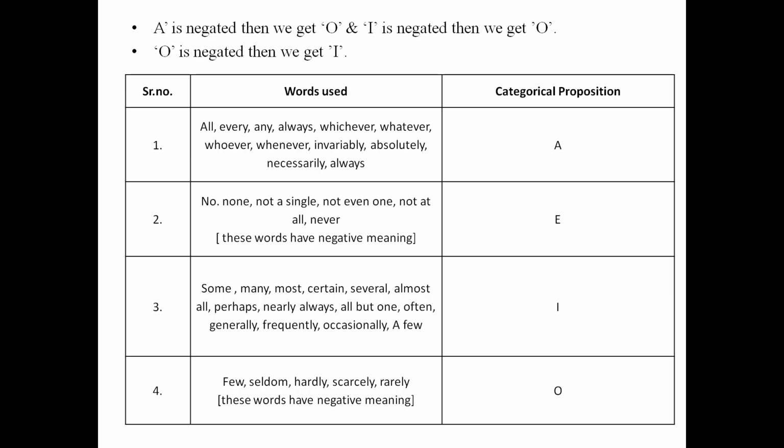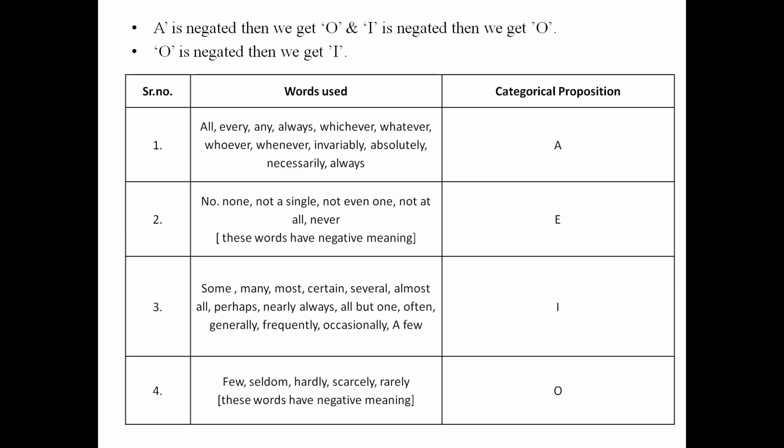Suppose the words used are no, none, not a single, not even one, not at all, etc., never, then it is an E proposition. Then words like some, many, most, certain, several, almost all, perhaps, nearly always, all but one, often, generally, frequently, occasionally, a few, then it's an I proposition.